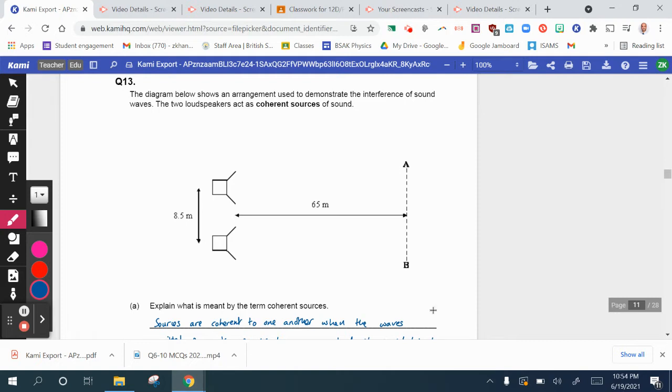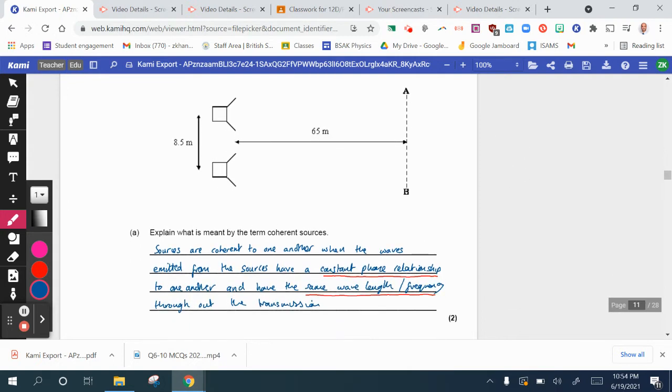And it says in the question, the two loudspeakers act as coherent sources. Okay, and that's where we start off. Explain what is meant by the term coherent sources. So, standard definition: the sources are coherent to one another when the waves emitted from the sources have a constant phase relationship to one another and have the same wavelength and frequency throughout the transmission.